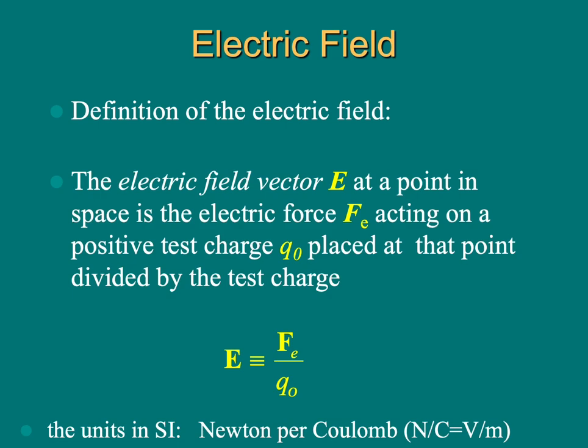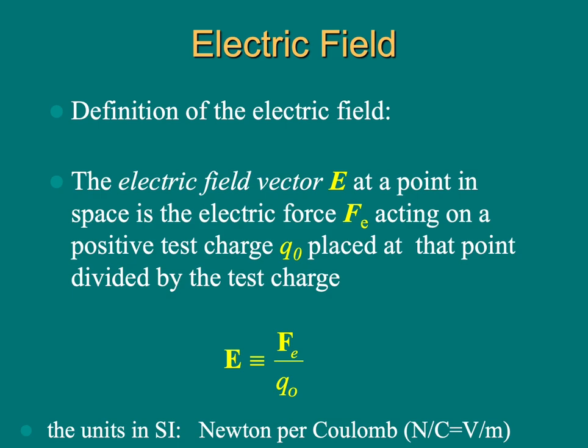That's the definition of electric field. And this is a vector equation, which also means the direction of electric field is the same as the direction of the force acting on the testing charge Q naught.